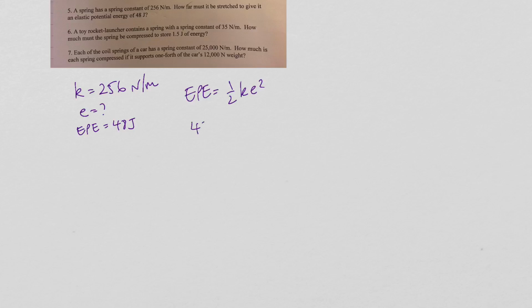So we know 48 equals 0.5 times 256 times e squared. So 48 equals 128 times e squared. So 48 over 128 equals e squared.